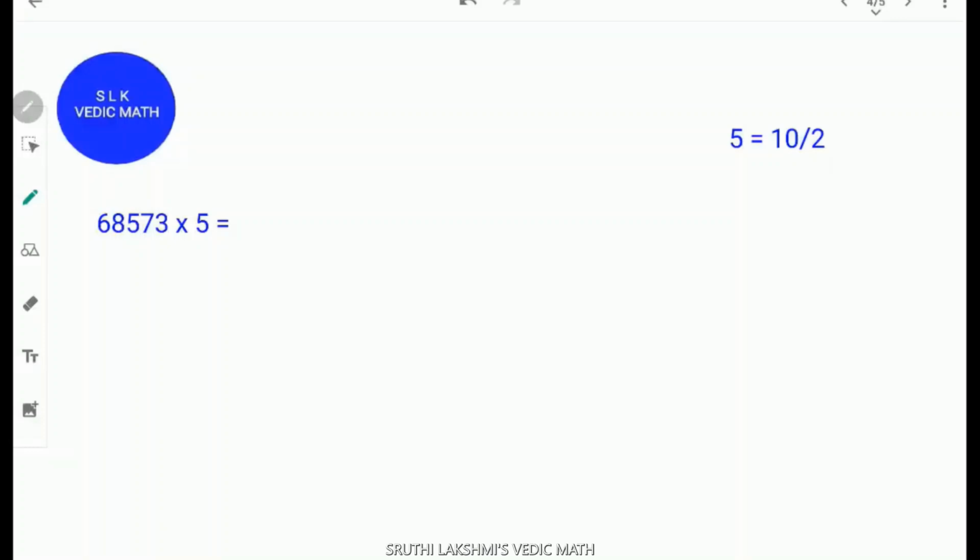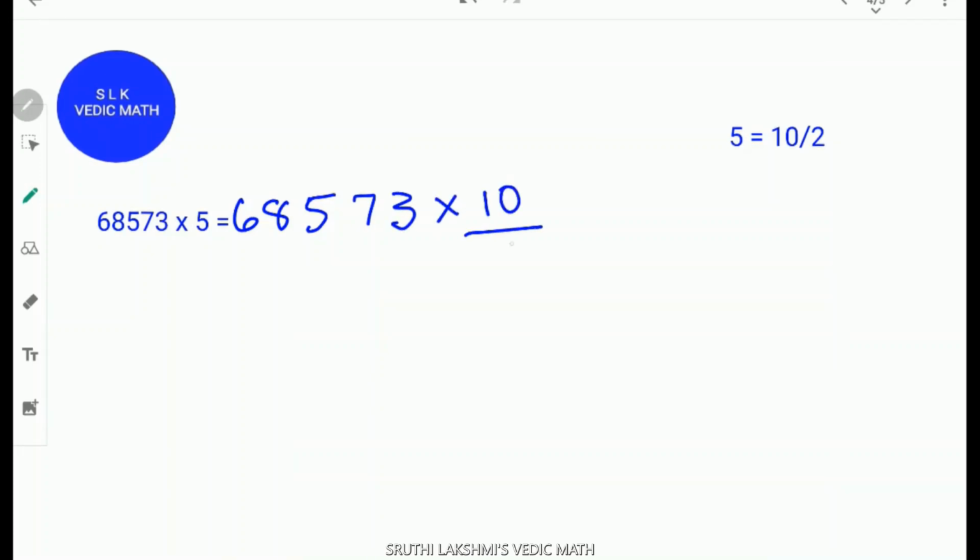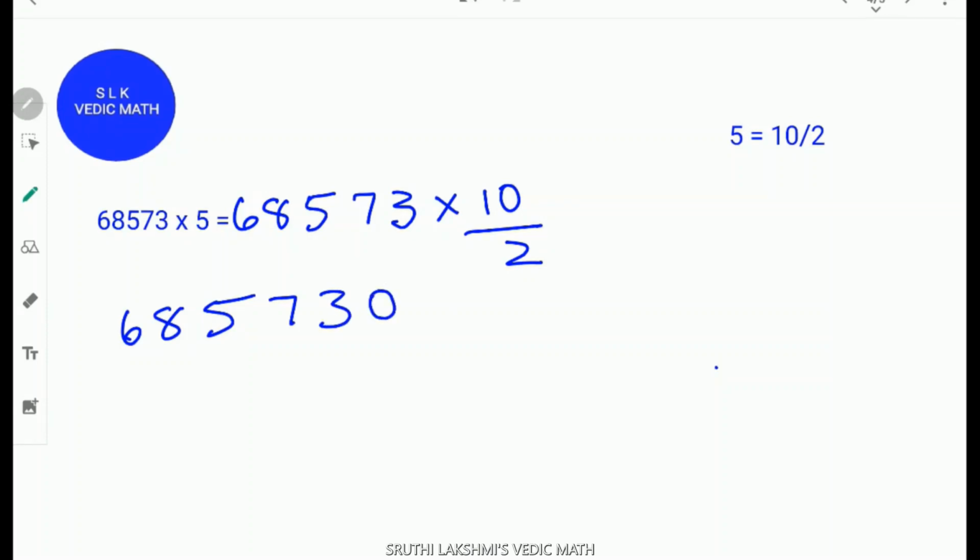Let's try another example. 68573 times 5. Since 10 divided by 2 is equivalent to 5, it's basically 68573 times 10 divided by 2. First multiply 68573 times 10, which is 685,730. Any number that you multiply by 10, you just add a 0 in the end. Next we divide it by 2.